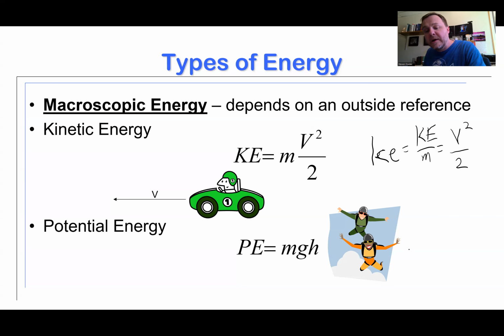Just like lowercase pe, the specific potential energy, is just going to be g times h. Right? So again, that's a common thing we'll see: the lowercase version of a variable represents the one that is per unit mass. These are what we call macroscopic energies.